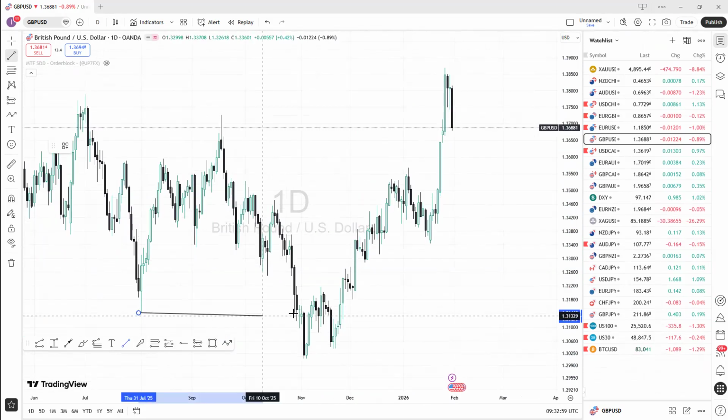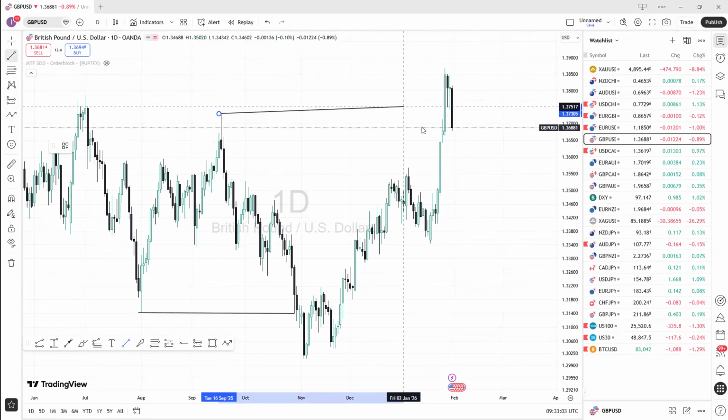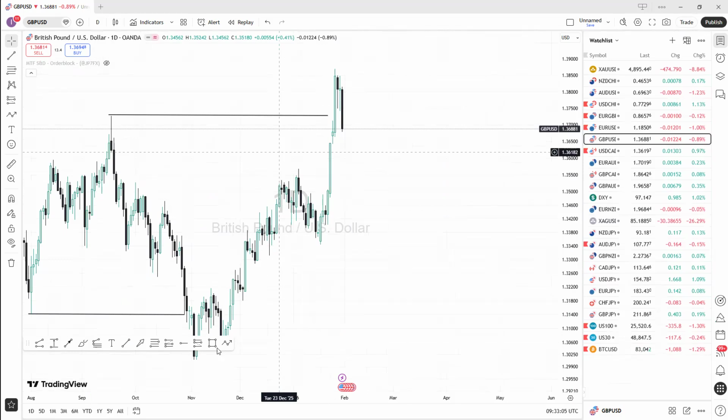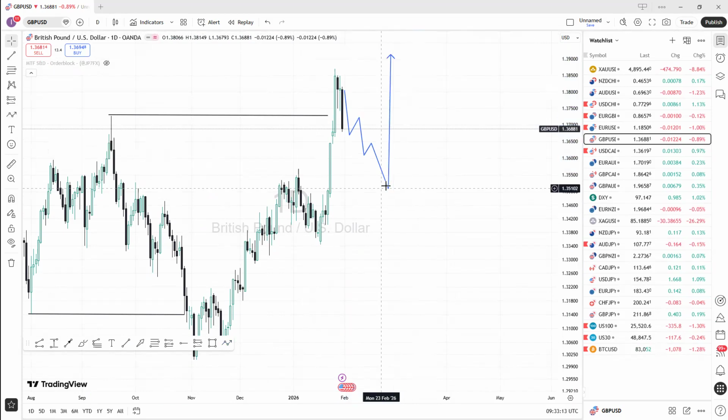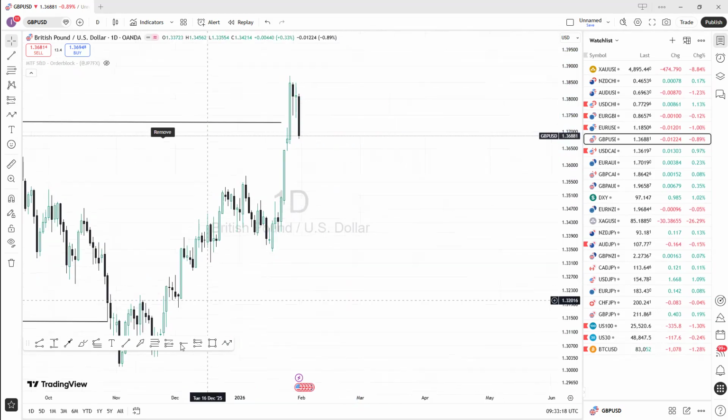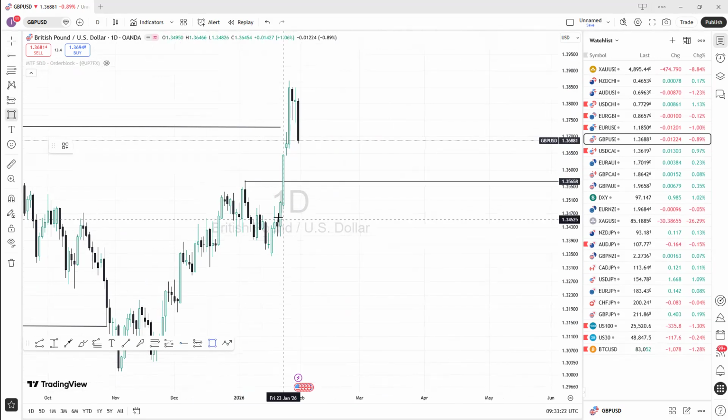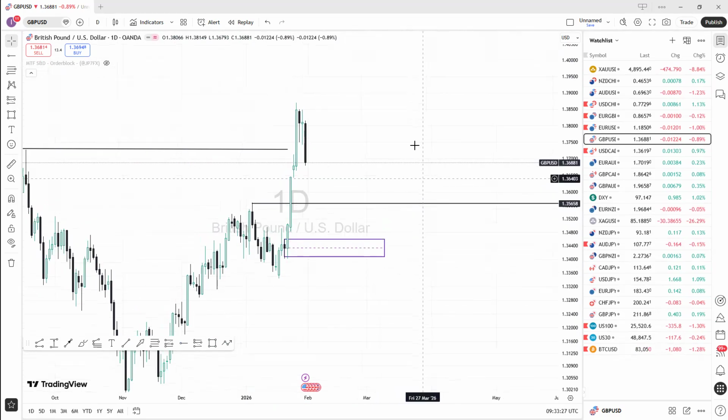Here we have that liquidity sweep, and here we have that market shift. So we are now in upward trend. So that is correction, and then expect another impulsive move. Okay, so we can spot a key area. Here we have that support level, and on extreme discount zone, we have that unmitigated demand.